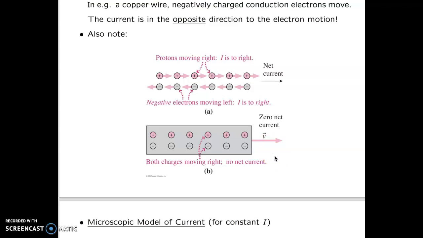Now, think about our convention for direction: positive charges contribute a current which moves to the right. The negative charges, which are physically moving to the right, contribute a current moving to the left, so that the net current will be zero, assuming that you have the same number of positive and negative charges.